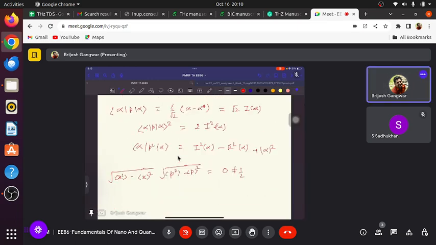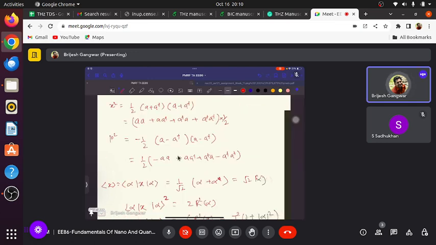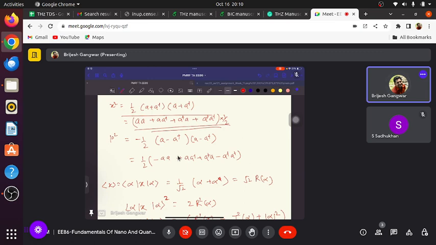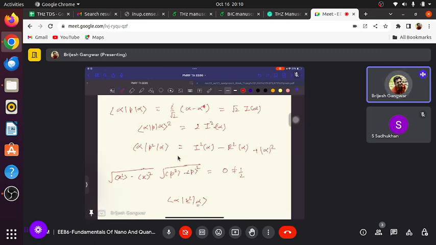I think we wrongly calculated alpha x square alpha. You have to calculate this one again, because this x square we calculated, right? So this should operate on this alpha first, then only this alpha can be operated.